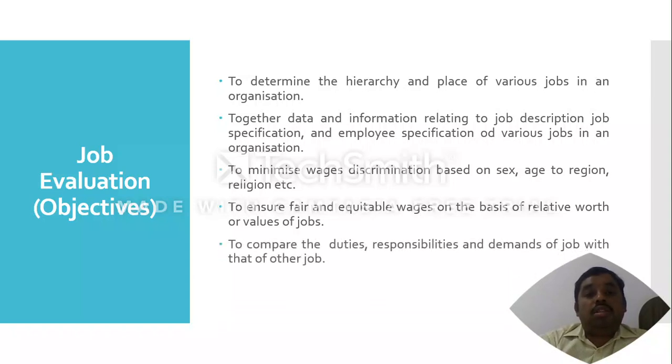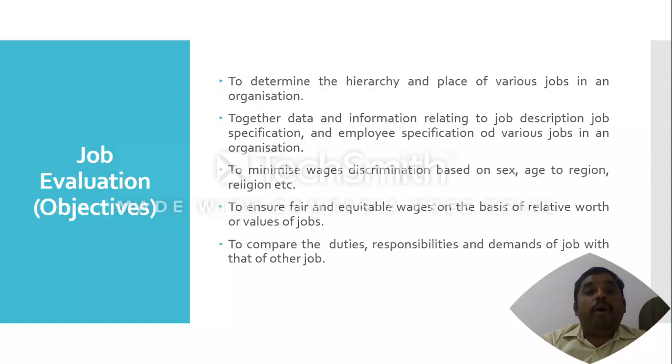And next, it says to compare the duties, responsibilities and demands of a job with those of other jobs. As I said at the beginning, they compare within the organization; they don't go outside the organization. It's all done internally.